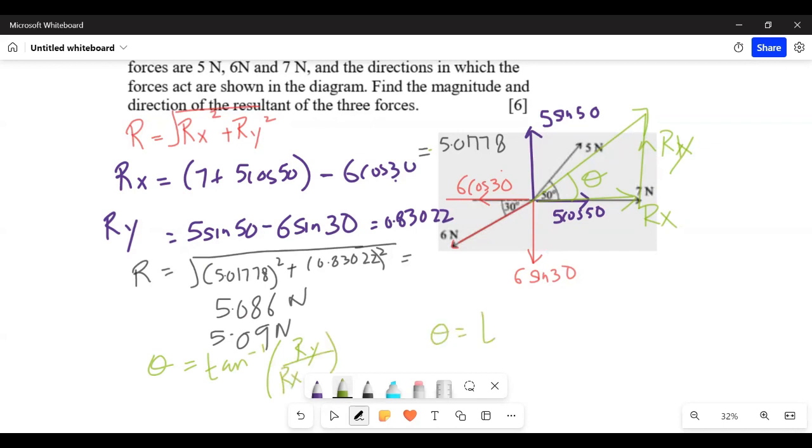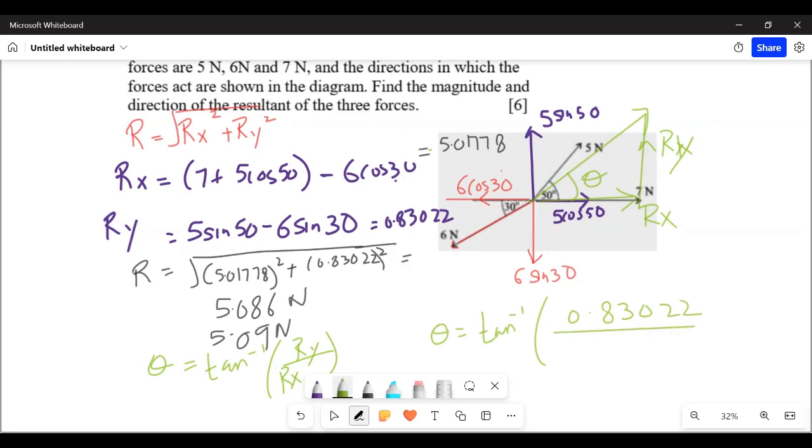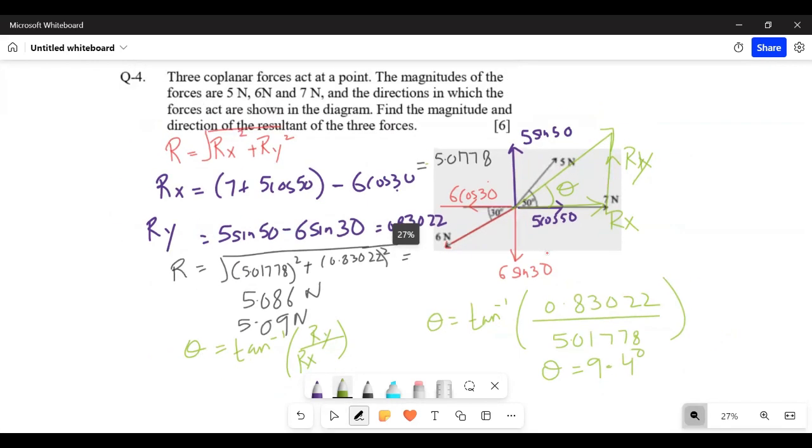Theta equals tan inverse Ry came out to be 0.83022 and Rx came out to be 5.01778, which gives 9.4 degrees. But you're not just supposed to tell the angle, you also have to tell the entire direction. So it is 9.4 degrees above the 7 Newton force.